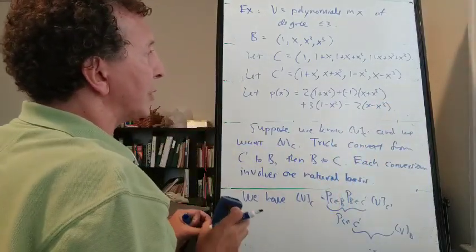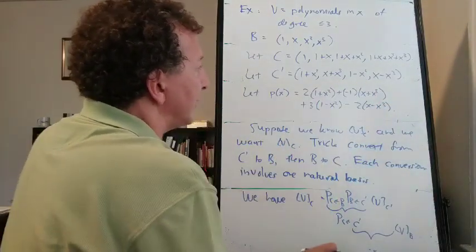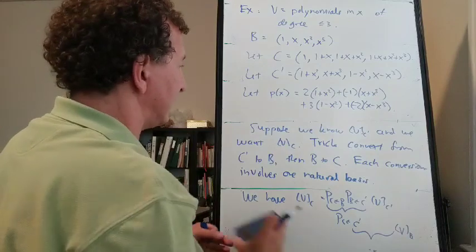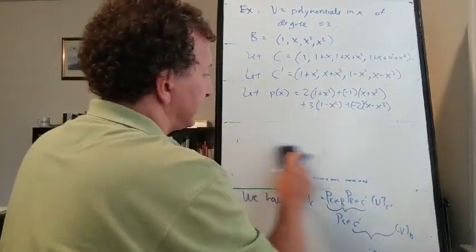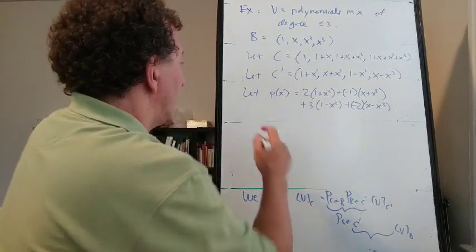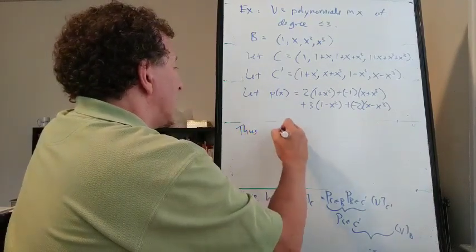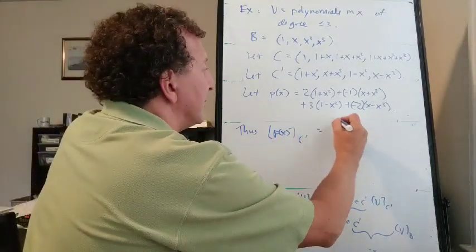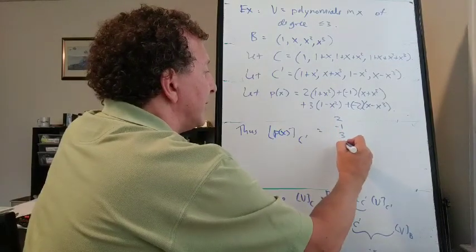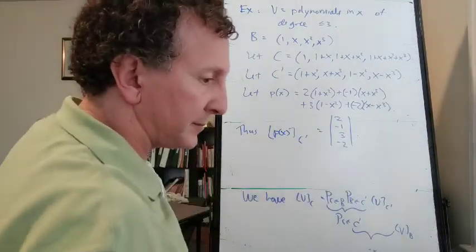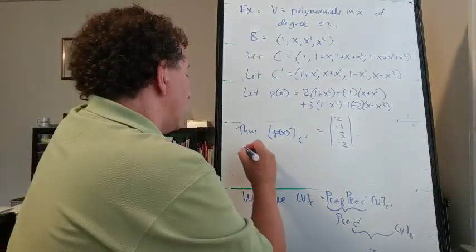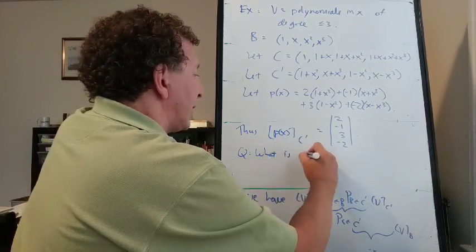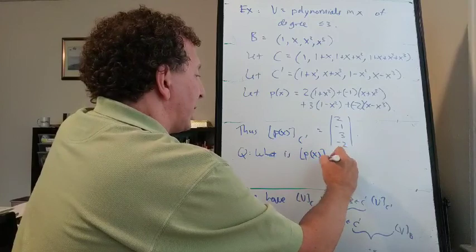So it has the coordinate vector 2, minus 1, 3, minus 2 with respect to the basis C prime. So the coordinate vector of p of x with respect to C prime is 2, negative 1, 3, negative 2. So now let's ask, what is the coordinate vector of p of x with respect to C?